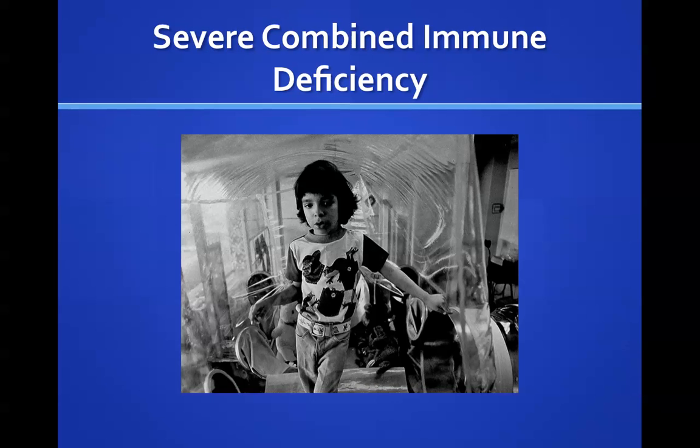In other words, because of his SCID, he can't really come into contact with anything. So he has a very, very sad life. One thing that you could fix, like SCID, is through gene therapy. And gene therapy has proven to be very, very useful. And there's an 80% success rate.